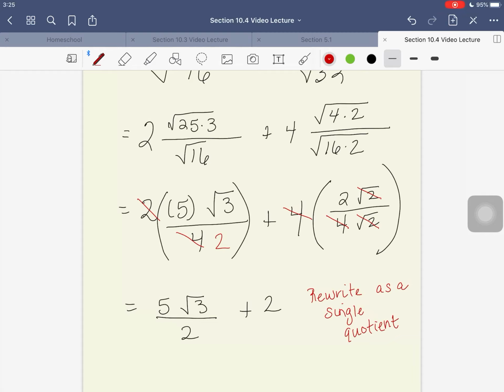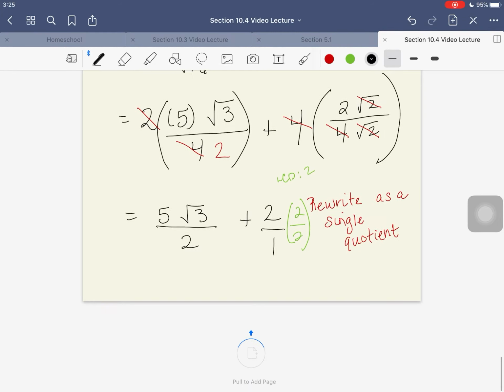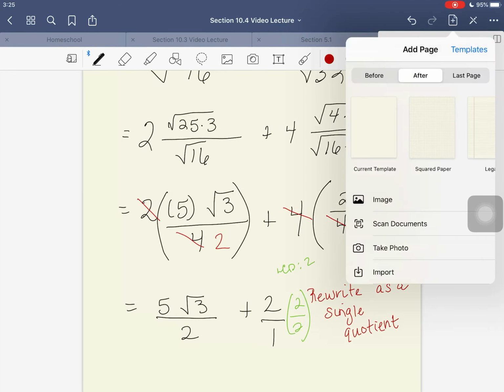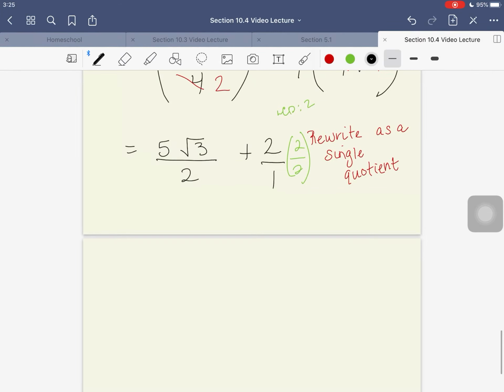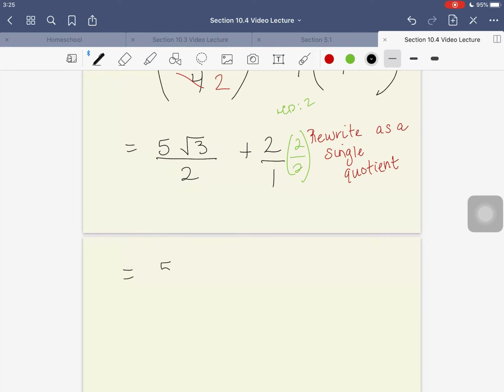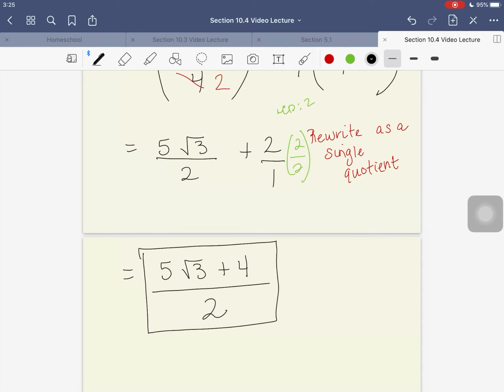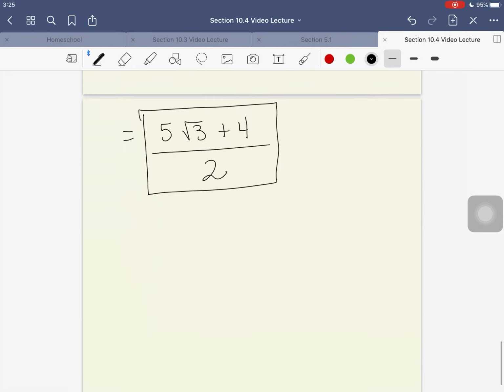I can write this as 2 over 1, meaning the LCD is 2. So I'll multiply this fraction by 2 over 2. So now I have 5 square root of 3 plus 4, and all of this is over 2, and that would be the final answer. All right, let's try another one.